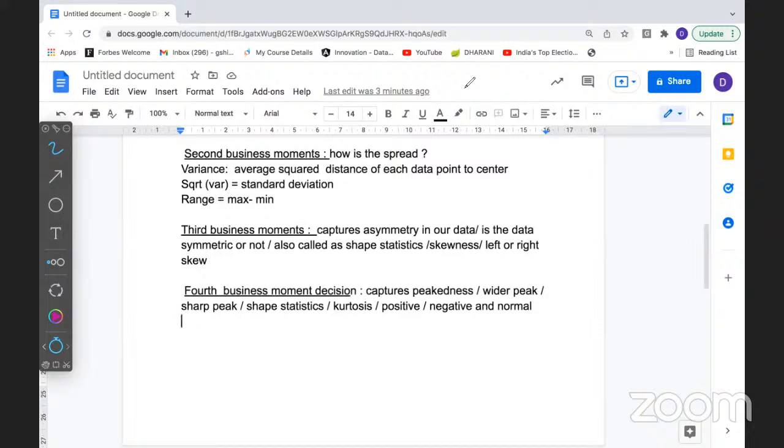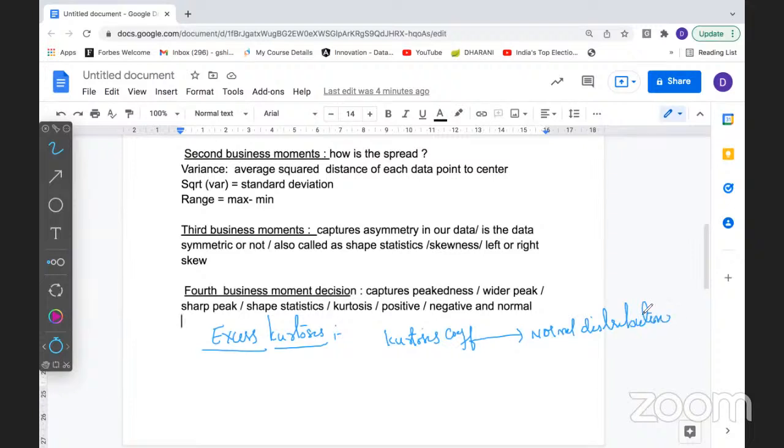But when we talk about kurtosis, we have something called excess kurtosis. What is this? It is used in stats and probability theory to compare your kurtosis coefficient with that of the normal distribution, right?